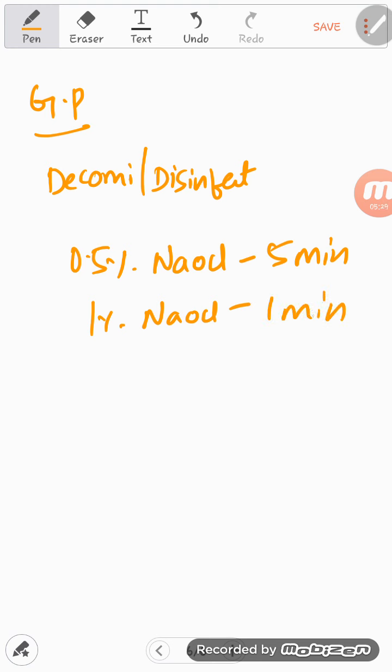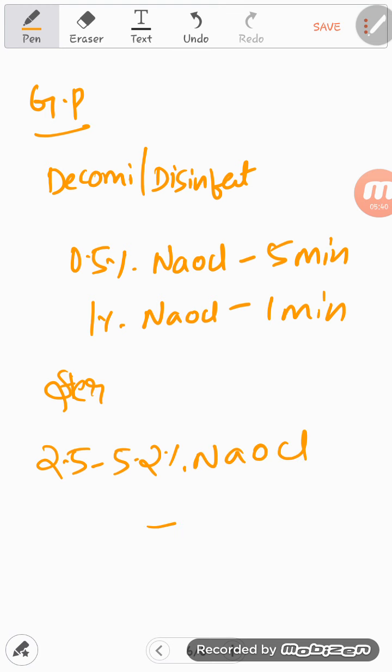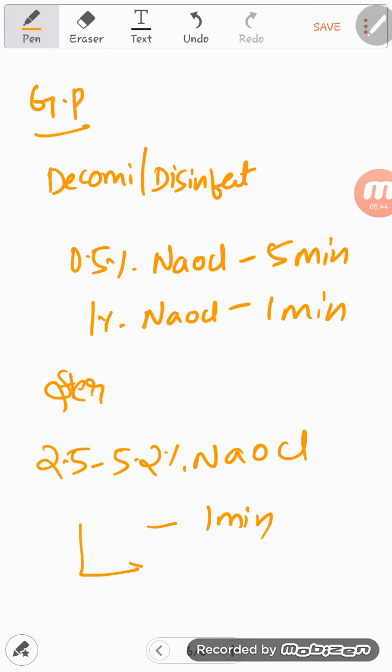So these are the disinfection or decontamination techniques. There is one more thing called sterilization of Gutta-percha, that is use of 2.5 to 5.25 percentage of NaOCl for 1 minute, followed by placement in 3 percentage of H2O2. This is a protocol for the sterilization of Gutta-percha.